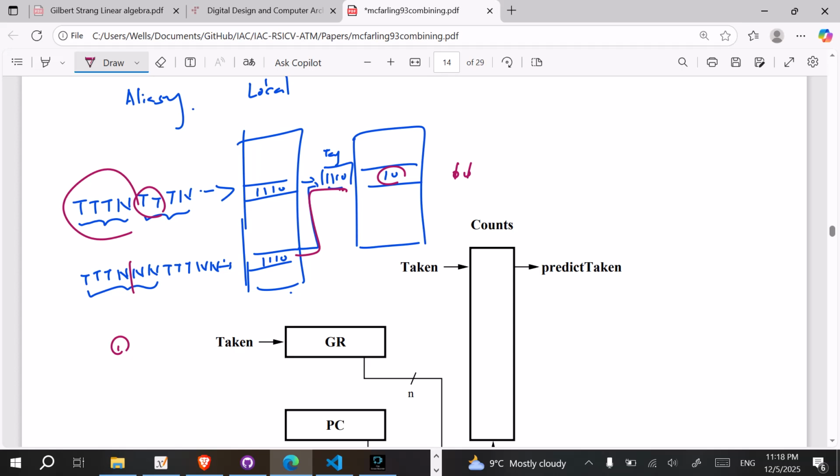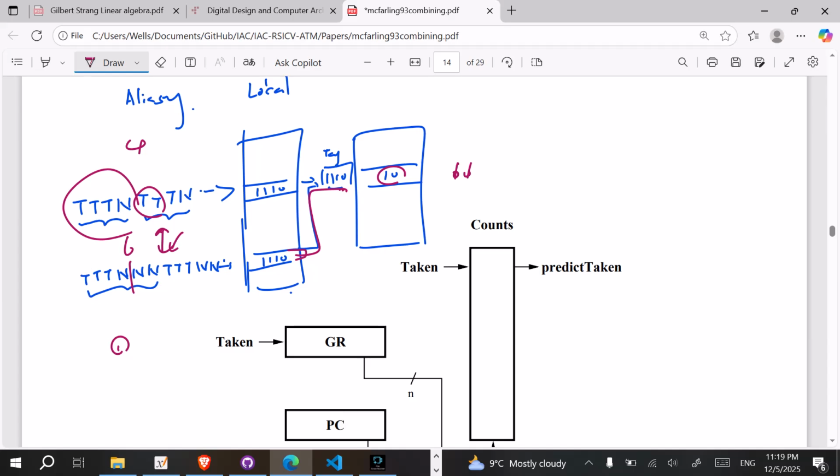So what happens if I just make it 6-bit? Maybe it will perfectly capture this and distinguish between these two cases, because this is 4-bit and this is 6-bit. Now I can fully capture the second case for the TTT case, and I can fully distinguish them.